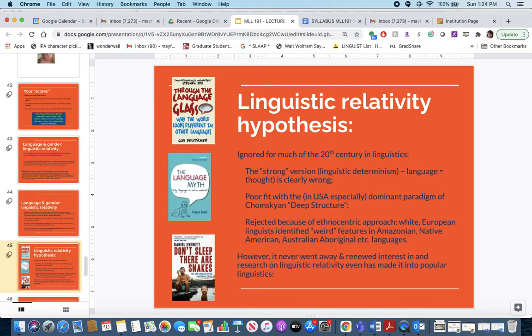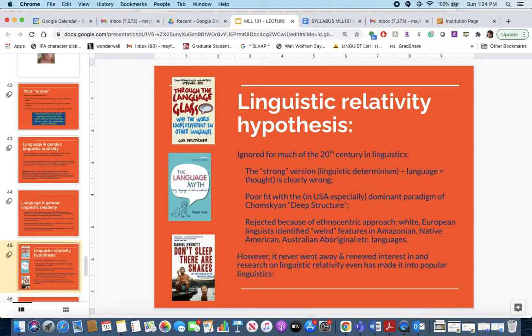Linguistic relativity has really been mostly ignored for the 20th century, right? There are lots and lots of books about it, but it's mostly rejected because the early scholars came up with this ethnocentric approach, right? It was mostly white European linguists who would go into, like, the Amazon. Whorf, or sorry, Sapir went to the Hopi tribe in Arizona.